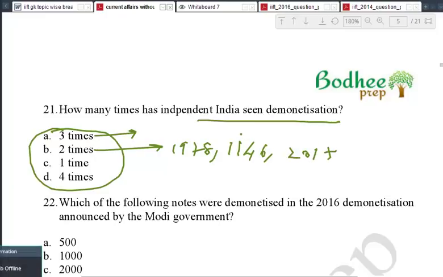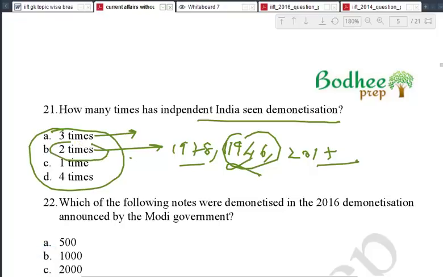But 46 was not independent India, right? 1946 was not independent India. So this goes out. The answer is 78 and 2017. And therefore I would say that independent India has seen demonetization only 2 times. Simple question, not very difficult.